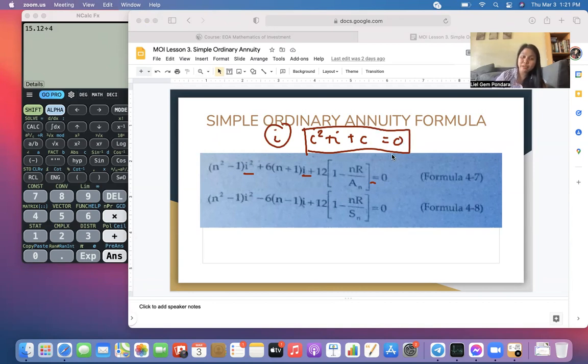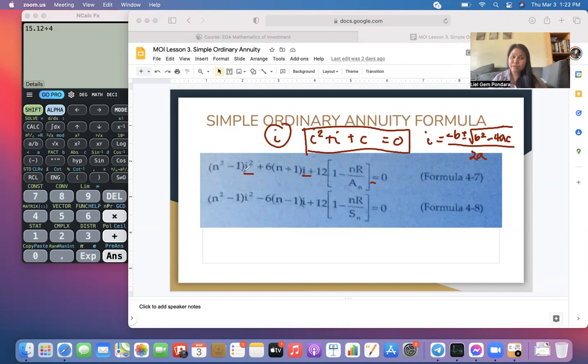Since this is the general form of the quadratic equation, how can we solve for I? Let's use the quadratic formula: I is equal to negative b plus or minus the square root of b squared minus 4ac, over 2a. But you might ask, there's no a, b, c in the formula.